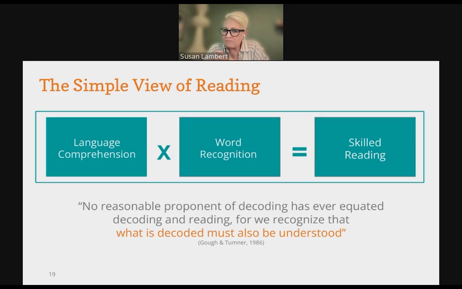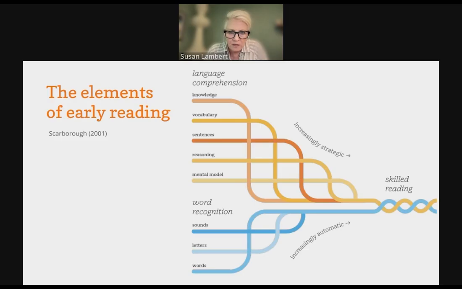And the developers of this framework said it's not just about decoding. It is about lifting the words or decoding the words on the page and actually understanding what they mean. We also know this framework, Scarborough's rope, or the elements of early reading.